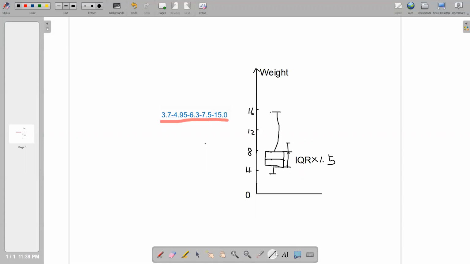Then we use this distance as a measure. We go from Q3 up 1.5 IQR, and from Q1 go down the same distance. This distance is 1.5 IQR, and this distance is 1.5 IQR as well.